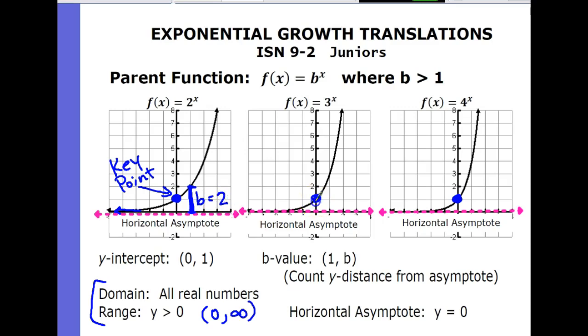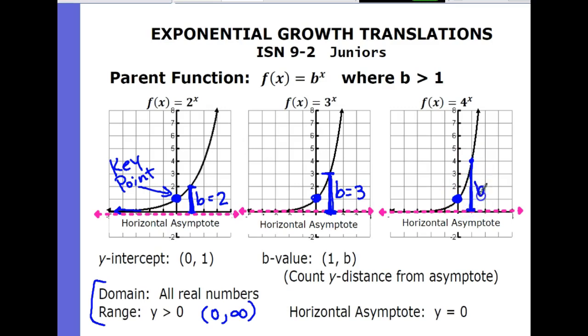From the key point, you go 1 to the right. This distance right here is the B. From your key point, where do you go? 1 to the right, find a pretty point.